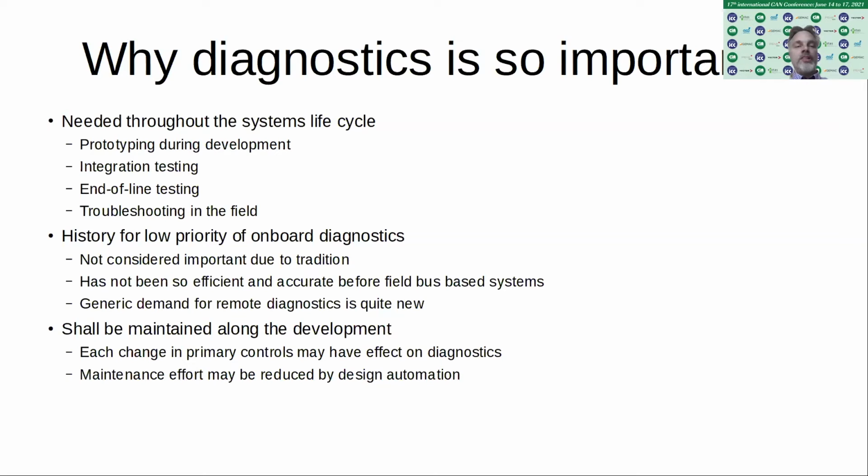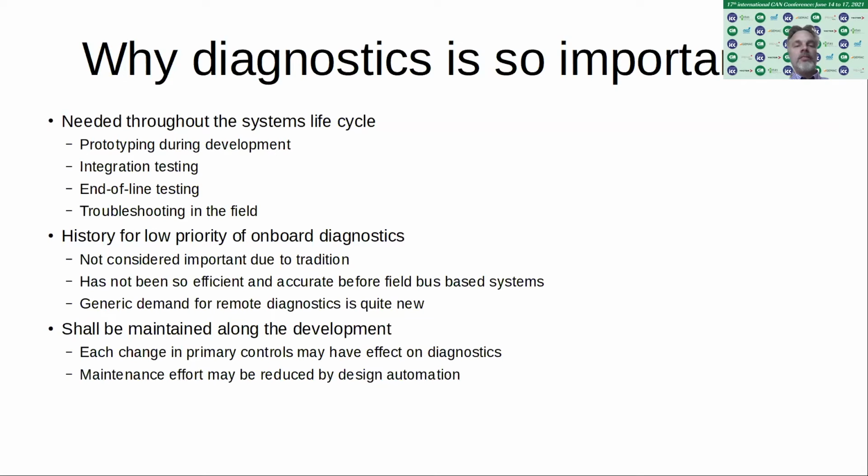Traditionally, machine automation companies have put quite low effort on onboard diagnostics, because traditionally it has not been considered so important, mainly due to tradition, because of course end users have been demanding better and better diagnostics.